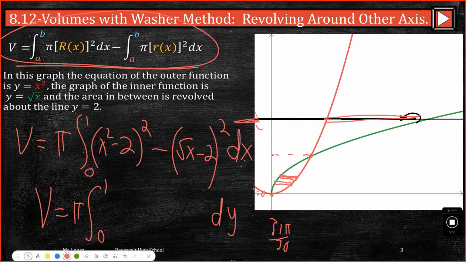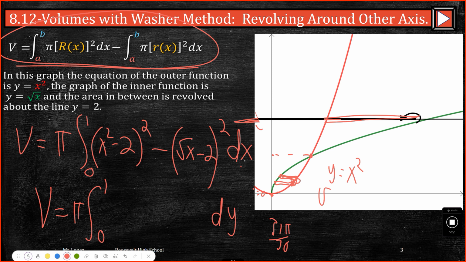It would be what? This is still the top, isn't it? No, this is going to be the top minus the bottom. But everything has to be in terms of dy, no? So if this is the top, and that's y equals x squared, we have to solve for x.